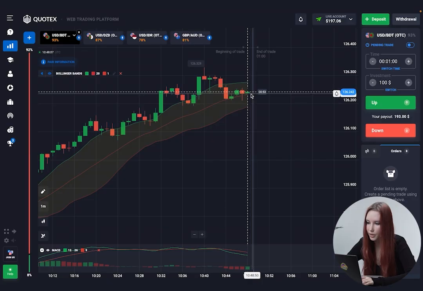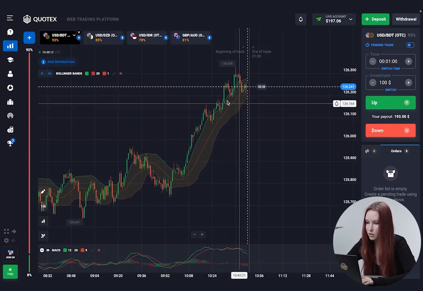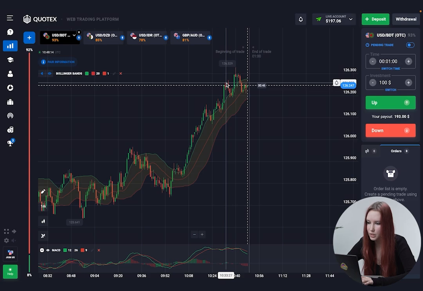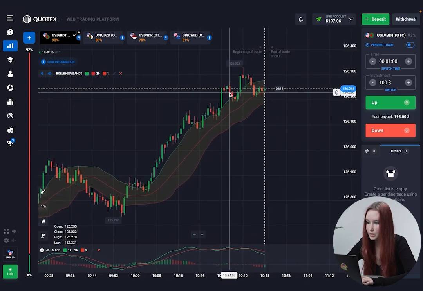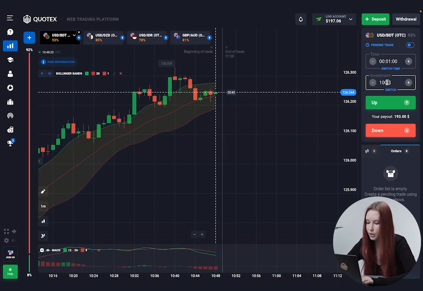So we can say that this is a complete pattern, so just a bullish movement with this bunch of candles over the middle line of the Bollinger Bands corridor. So what will I decide here? I think as my balance is pretty nice, I'll put here $190.